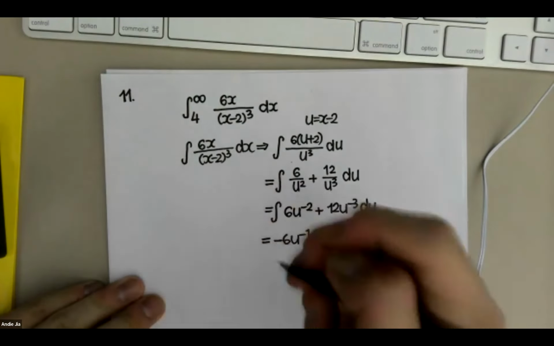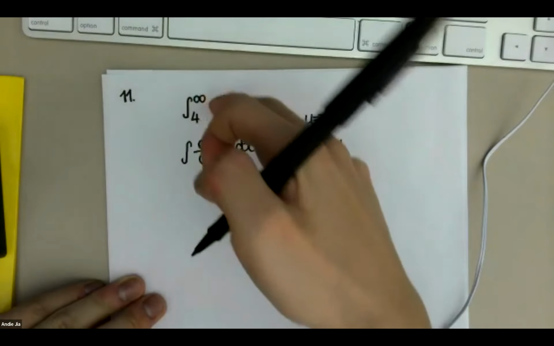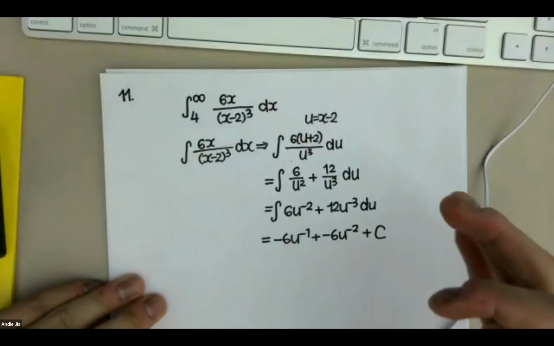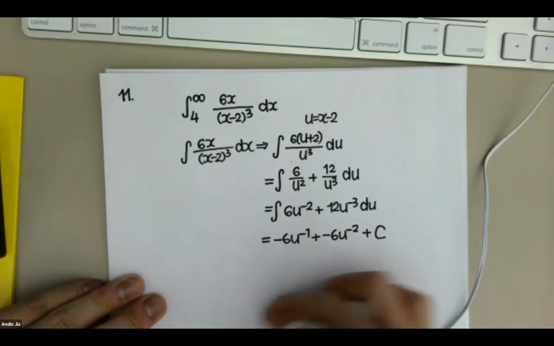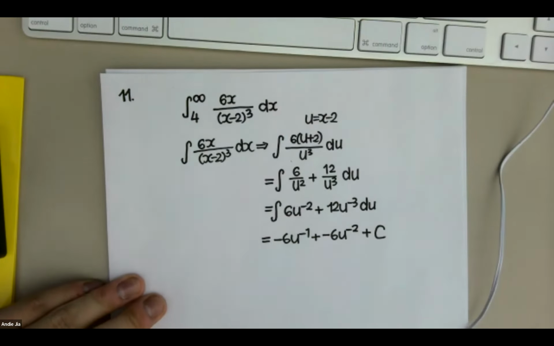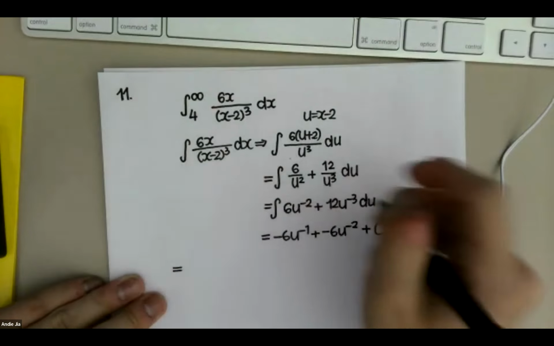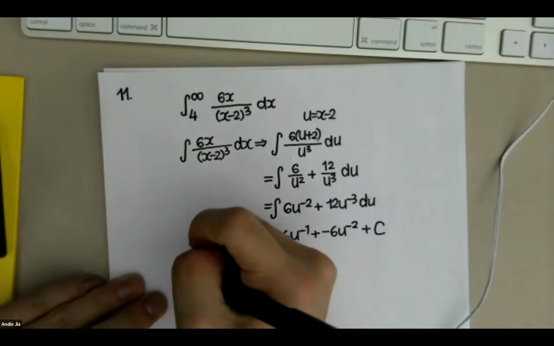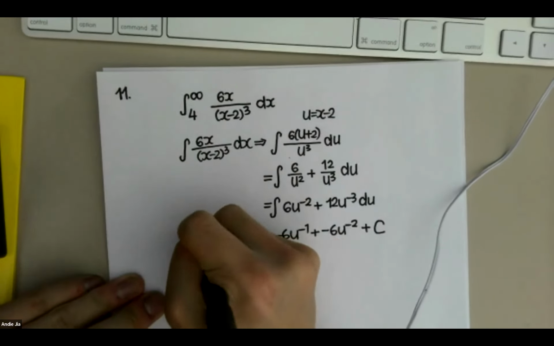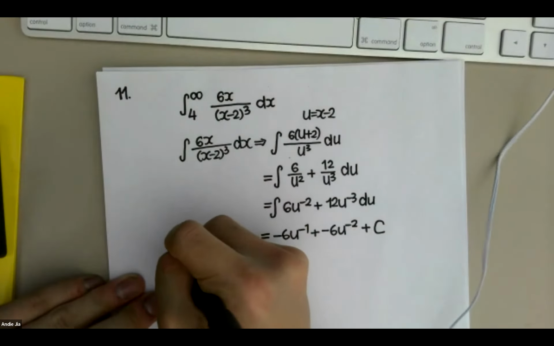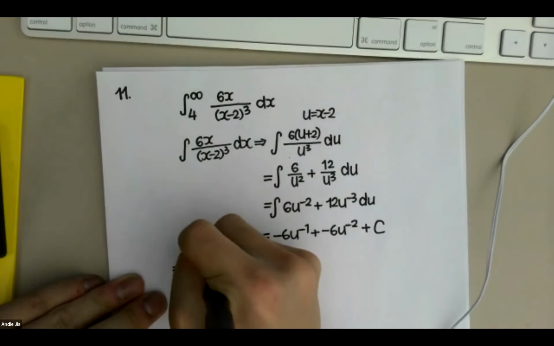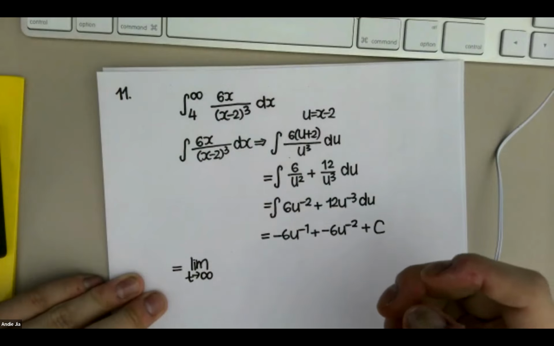As the upper bound, we set t going to infinity here, and then solve using the antiderivative. So it's the limit of t to infinity.